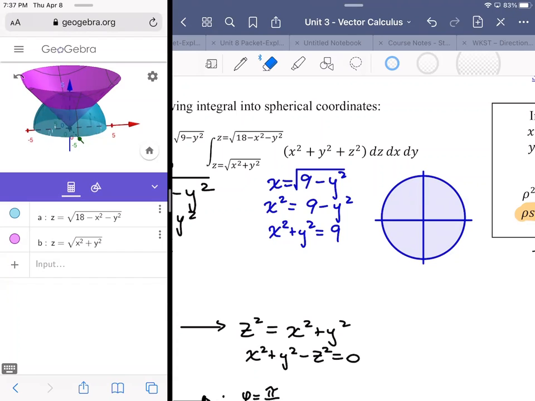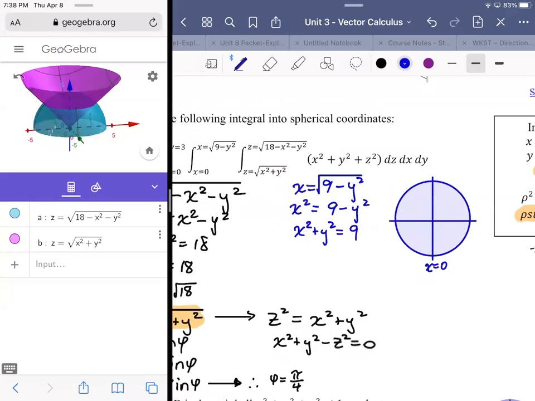All right. So when we look at this in rectangular coordinates, we are going from x equals 0 to the outer edge of this circle. So here's x equals 0. Now moving along in the x direction, we're going to max out once we get to that circular circumference.